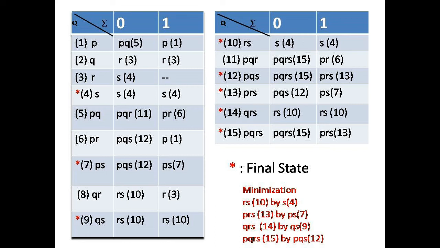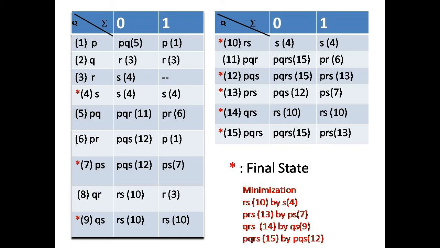If we are replacing RS by S, we delete the entries of RS, and wherever we find the symbol RS, we can replace it by S. There is a relabeling of RS state as 10 and S as 4. Same as PRS by PS, we delete the entries of PRS, and wherever we find the symbol PRS, we replace it by PS.